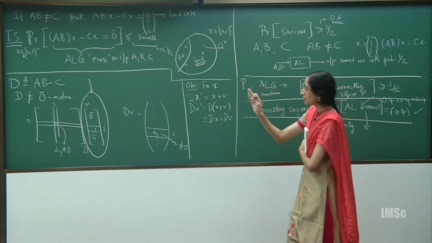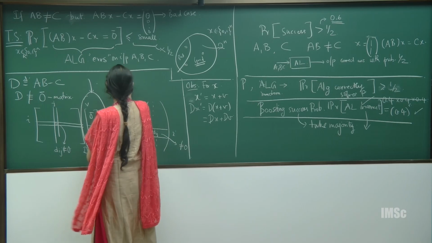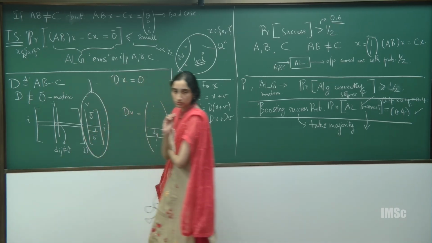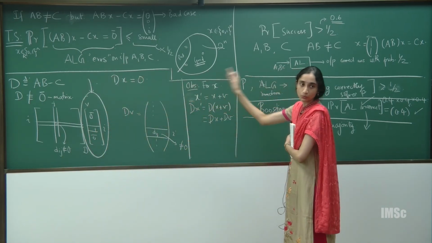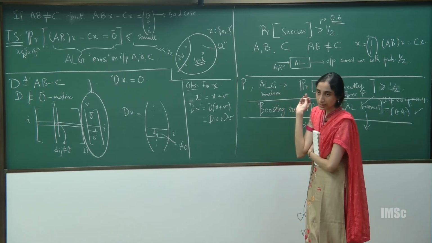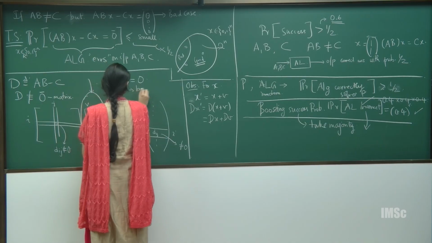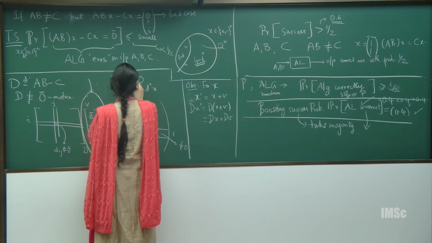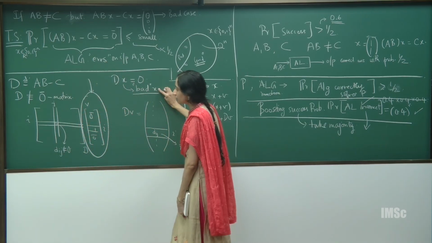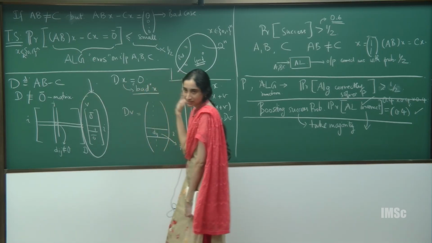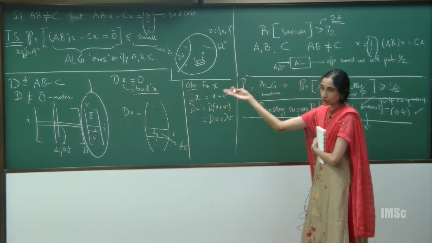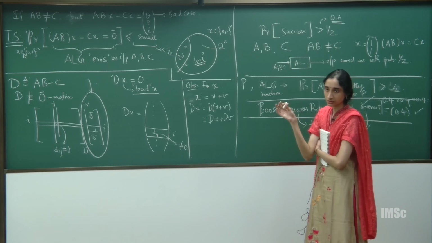So what is a bad X for us? A bad X is where D times X is 0. D is non-zero, but somehow D times X is 0. You say a vector X is bad if D is non-zero but D times X is 0. That's when your algorithm is going to output the wrong answer.